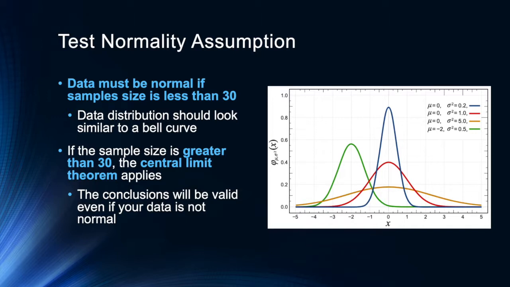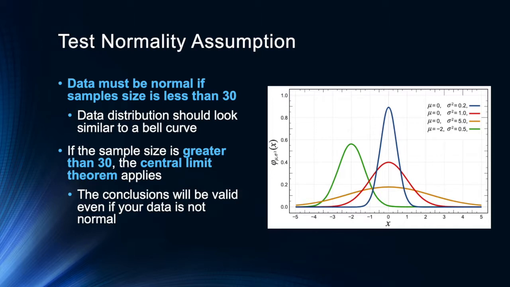But if you have less than 30 observations in your data, it has to be normally distributed. T-test actually is a good test. It does a pretty good job of looking at statistical significance with small sample sizes. But if you have less than 30, it has to be normally distributed.